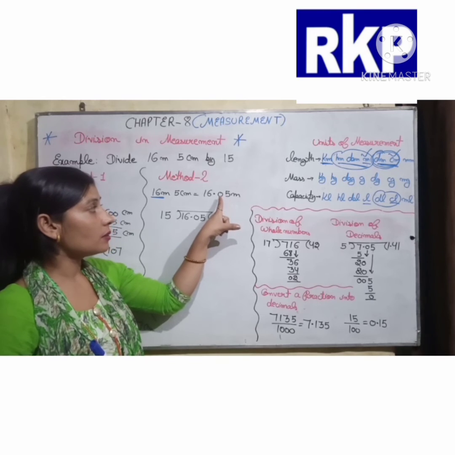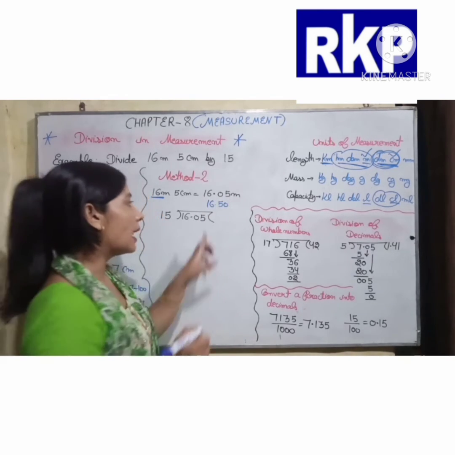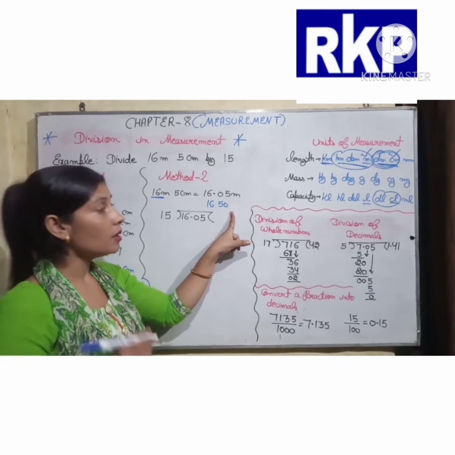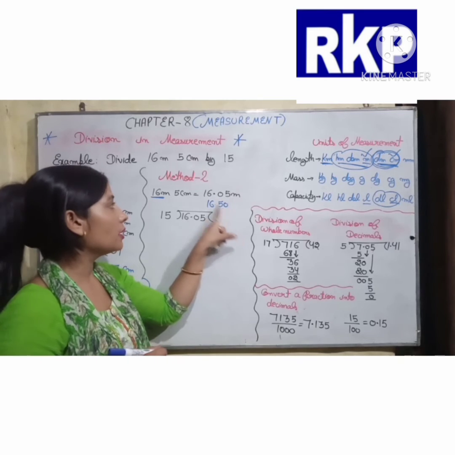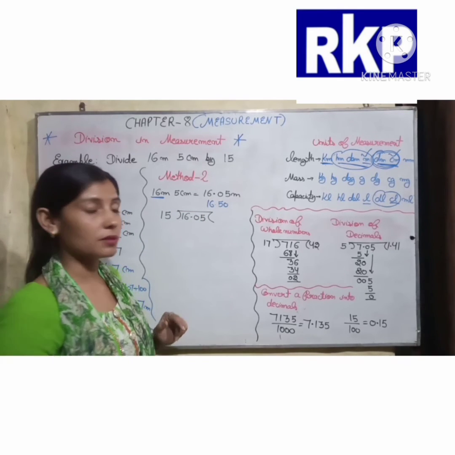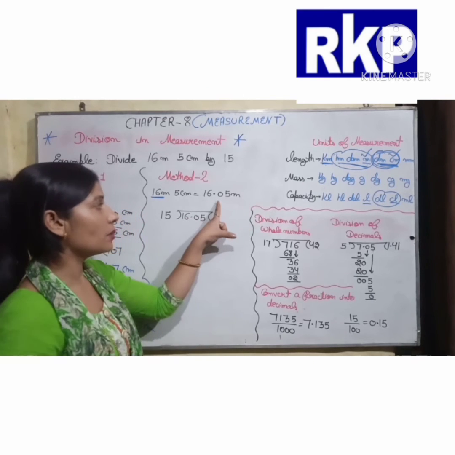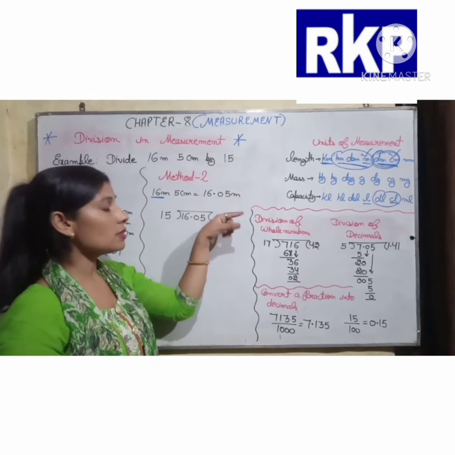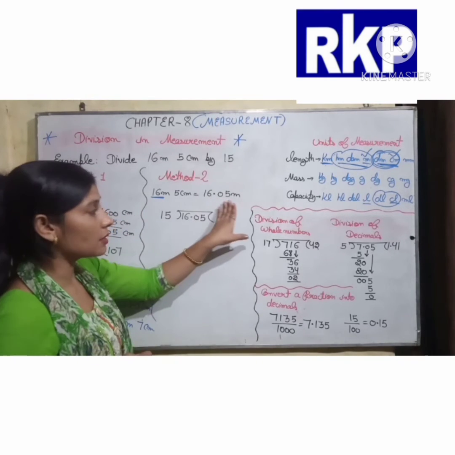Because if we write 16.50, then it will be wrong beta, because 50 means 50 centimeters, but here we have only 5 centimeters. So we put 0 after this decimal point, before this 5. So 16.05 meters we get.